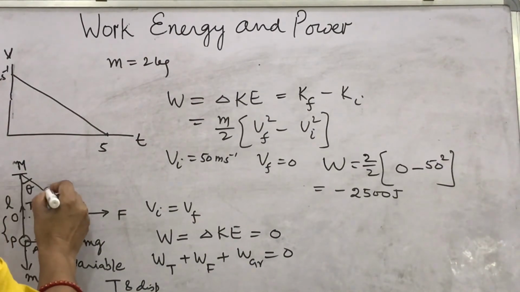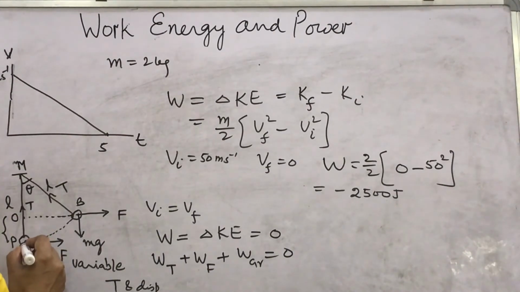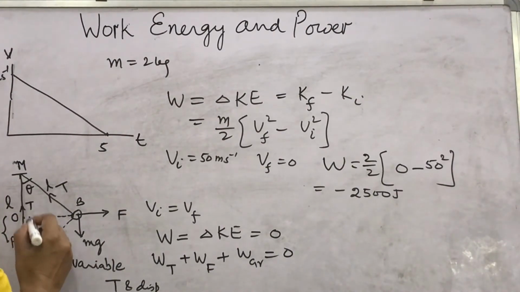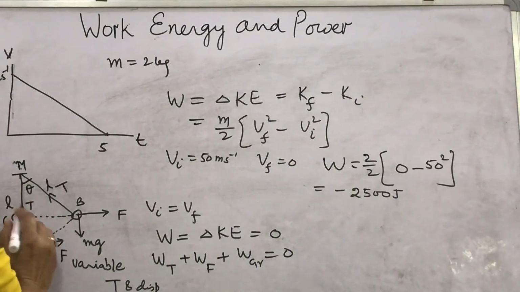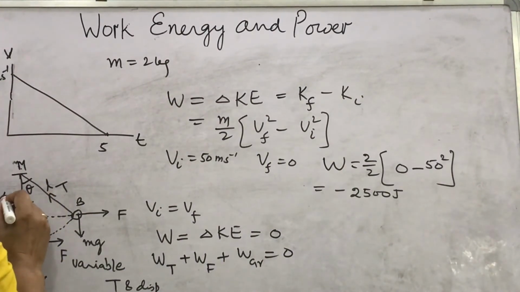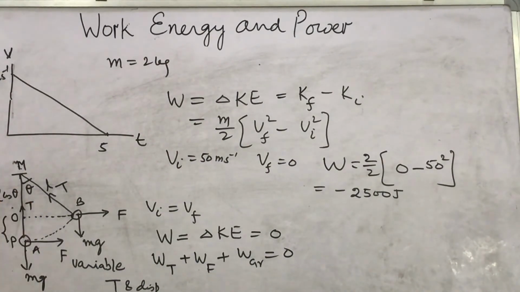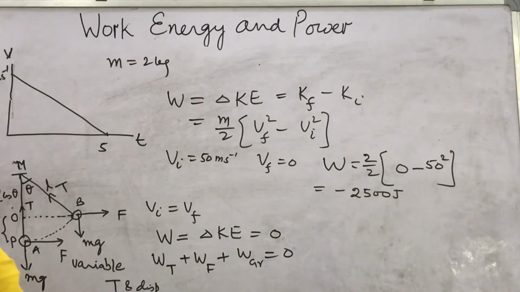This is the length L, then OB, and from M to P this is L. What about the length MO? The whole length is L, and from M to O, what will this length be? This will be L cos theta. Then what will OP be? OP will be L minus L cos theta, the whole length MP minus this MO. So taking L common, what will you write? L times 1 minus cos theta.